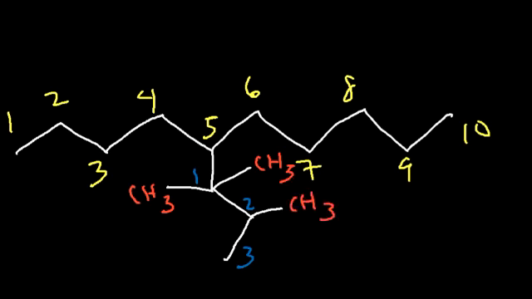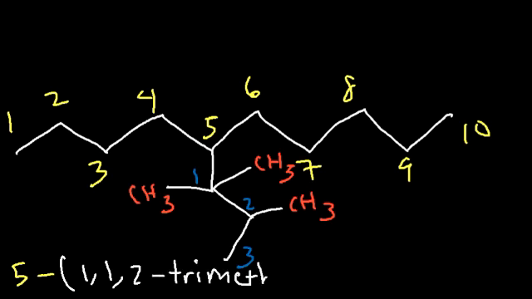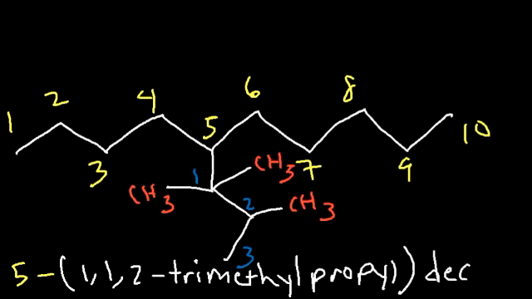So it's going to be 5, and then the complex substituent, which is going to be 1,1,2-trimethylpropyl, because there's 3 methyl groups, and then close parentheses. And for 10 carbons, the longest chain is decane.